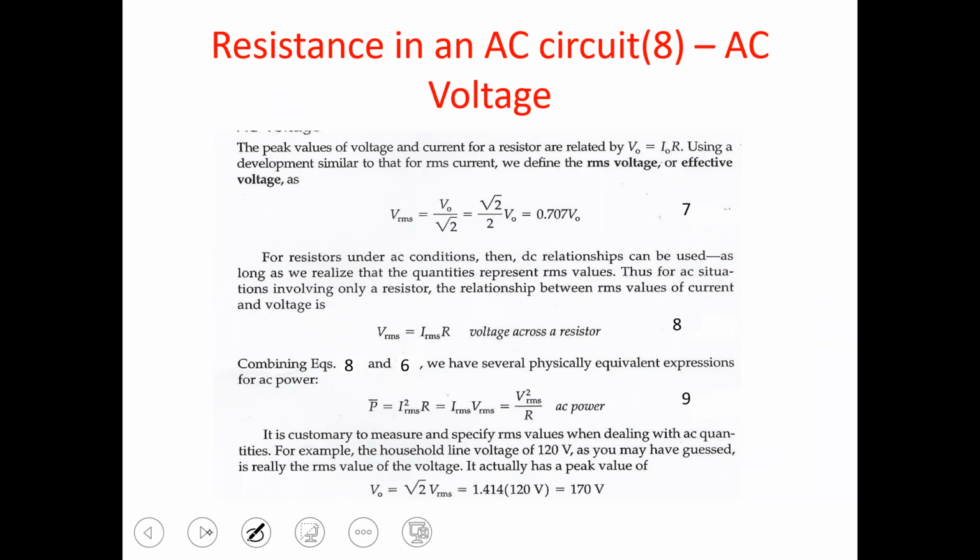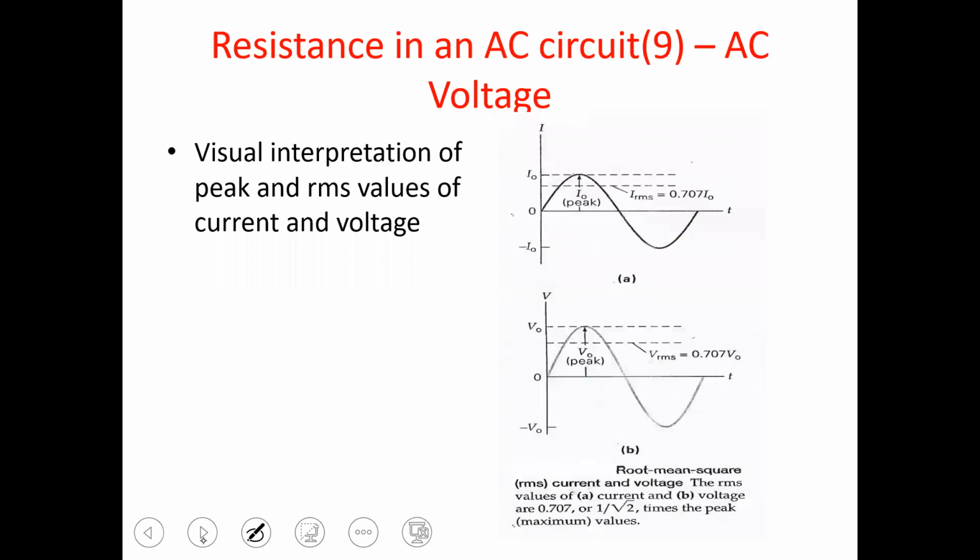And V RMS is I RMS times R, just like we have V naught equal to I naught times R. There is nothing strange there.